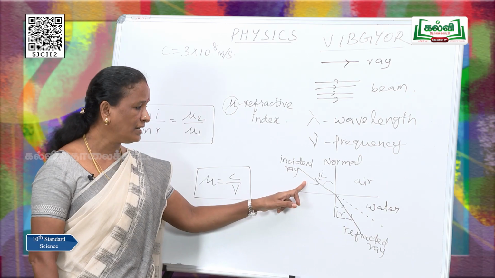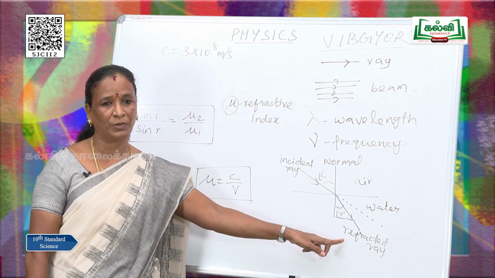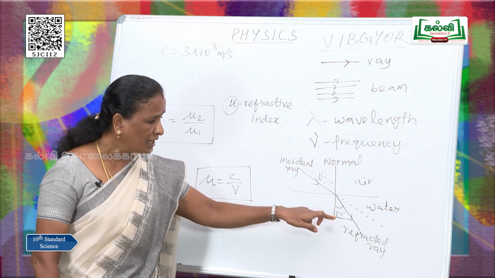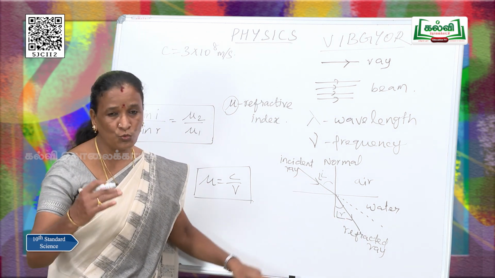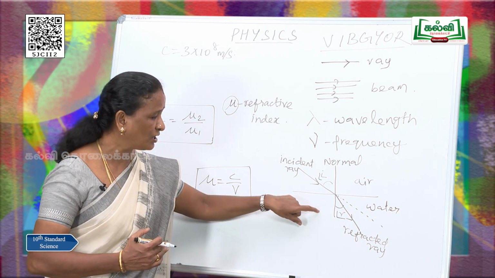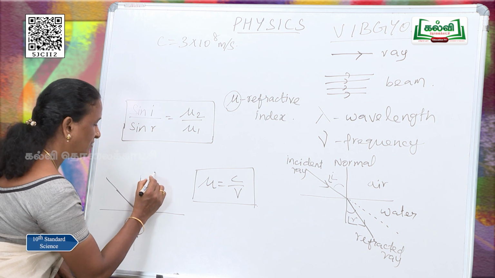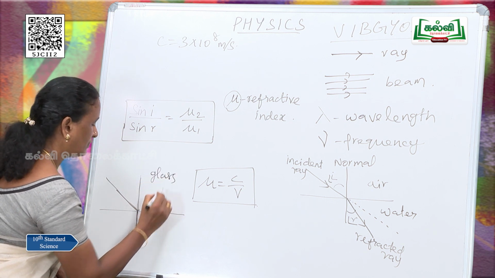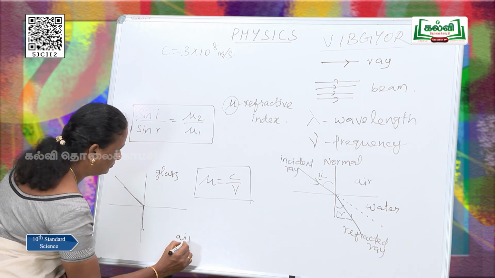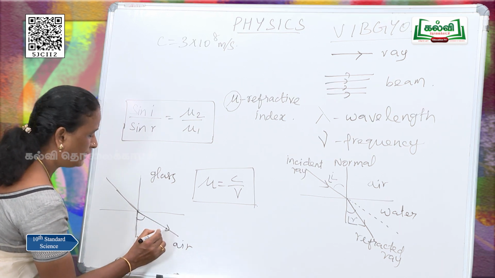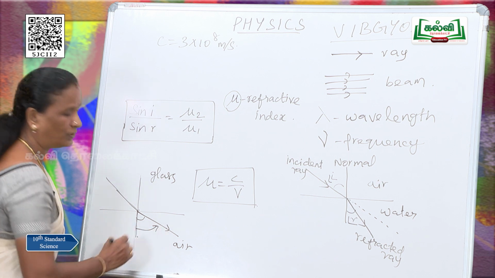Next point, very important. When light travels from rarer medium to denser medium, the refracted ray bends towards the normal. If you assume this is glass and this is air, when light travels from denser medium to rarer medium, the refracted ray bends away from the normal.